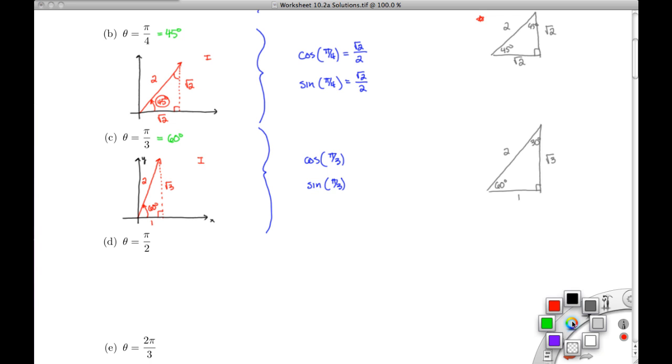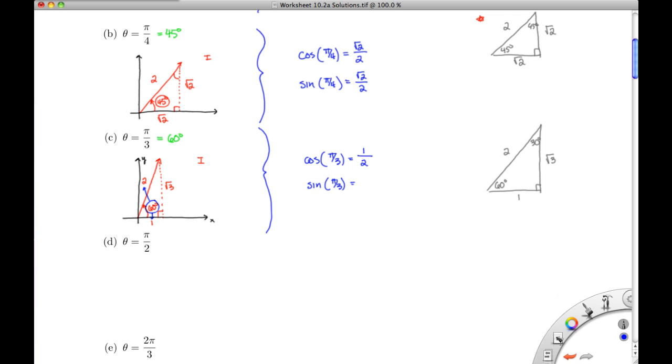So let's go to the cosine. We know that the cosine of pi over 3, which in this case we're going to use 60 degrees, is the adjacent side, which is 1, divided by the hypotenuse, which is 2.